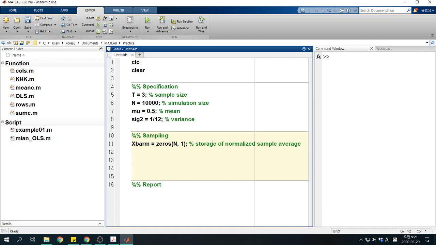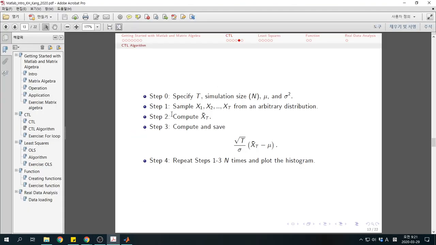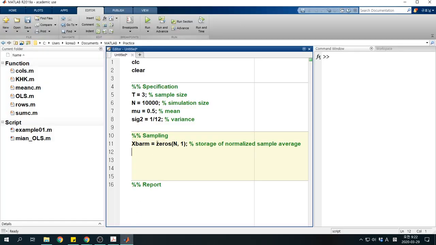Again, let's go back to this algorithm. Here we are going to repeat these steps 1 through 3. Whenever you would like to repeat very similar jobs, you have to use a for loop.